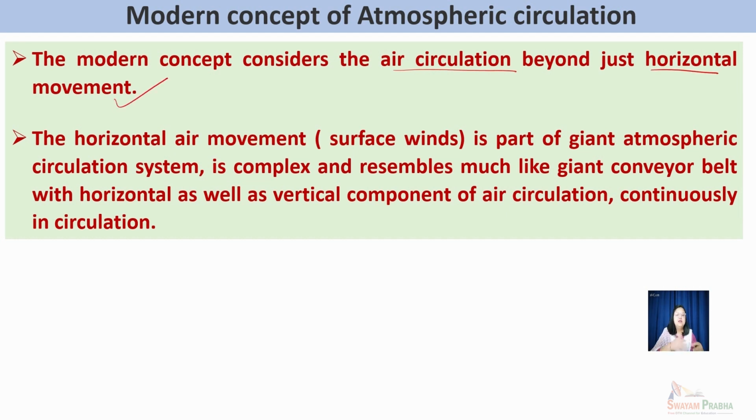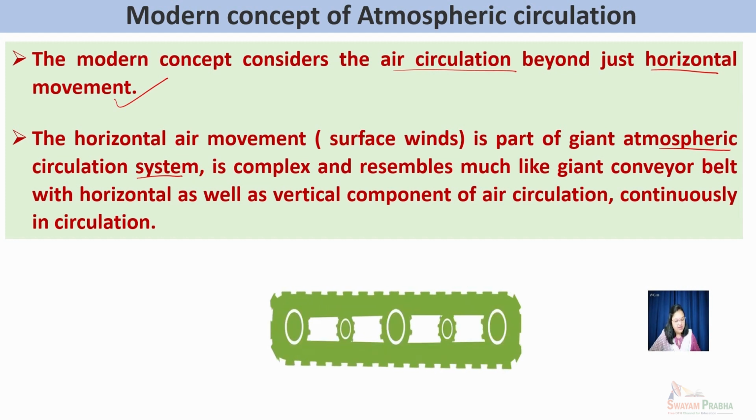It does not only take the horizontal movement at the ground surface but also at the upper atmospheric level and also the vertical component of air circulation, and they considered that the horizontal movement of air which we feel near the ground surface, which we know of today in form of different latitudinal wind systems, are part of a giant atmospheric circulation system, and it is much more complex and it resembles much like a giant conveyor belt with horizontal as well as vertical component of air circulation.